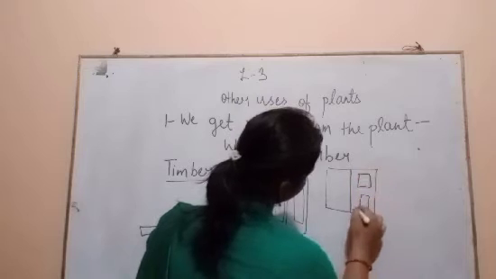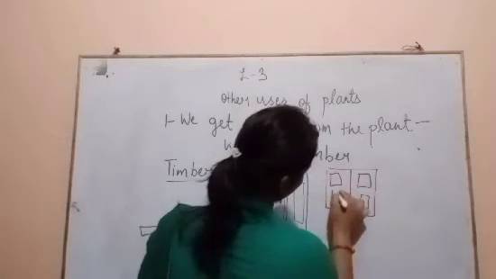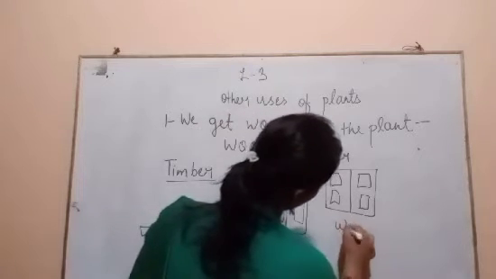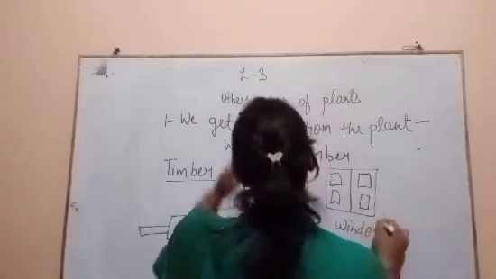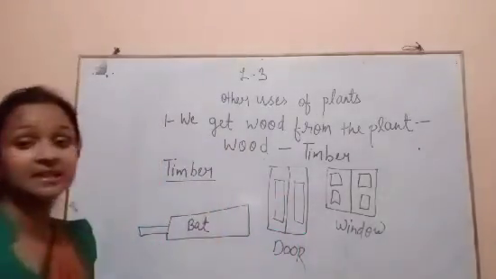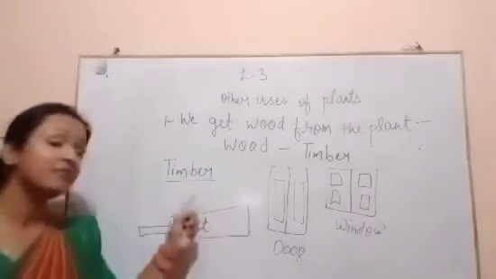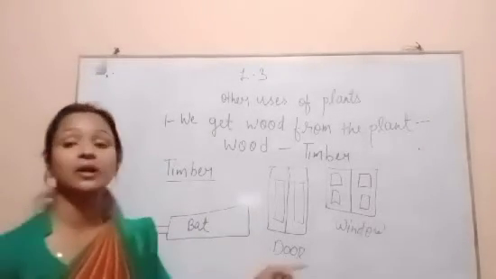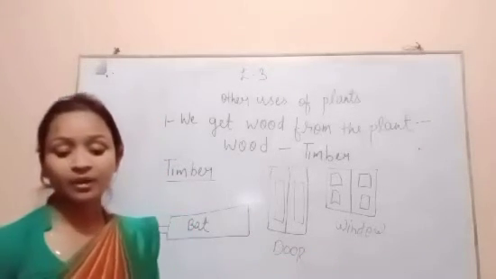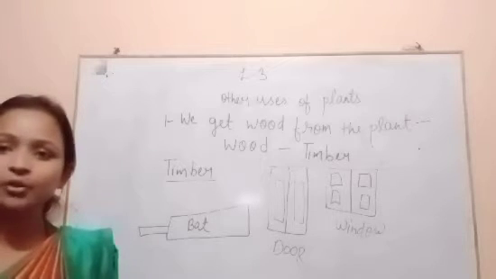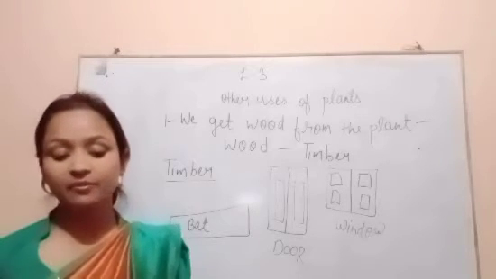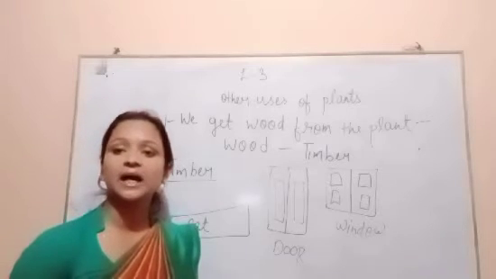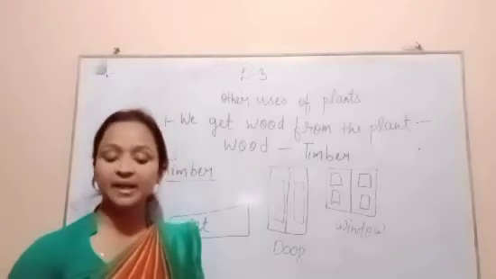This is the door and window. Such type of wood is called timber. We make different items, like bat, door and window. The firewood we use as fuel, and dead leaves are used as manure.